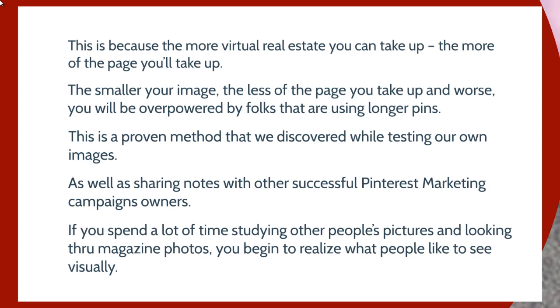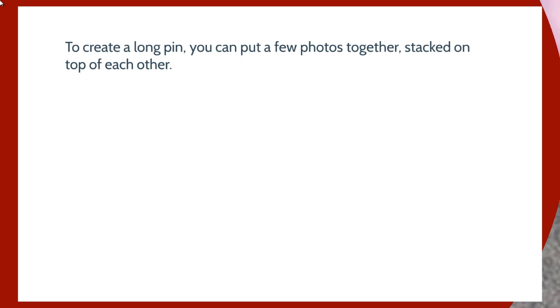But if you look at magazines and how they're laid out and all of that, if you can do something similar and lay your images out like that, it's going to be more appealing on Pinterest, because you're going to be competing with everybody else who are mainly just uploading images and that's it. But if your images look really nice and appealing and attractive, you're going to get more clicks.